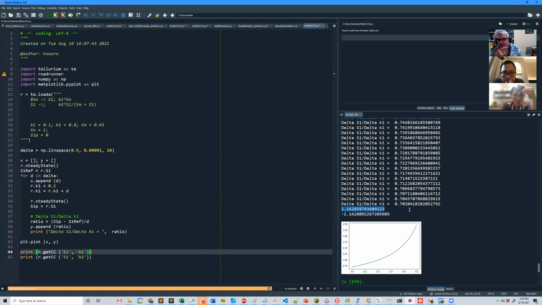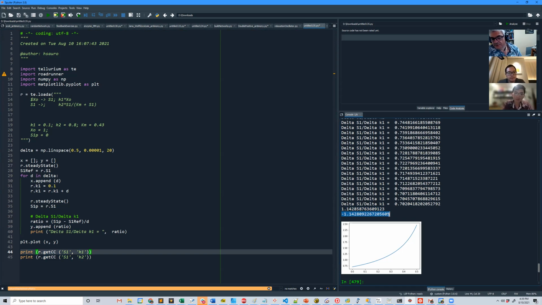What this means to a biologist is, if I were to raise K1 by 1%, I would get a 1.14% increase in S1. If I were to raise K2 by 1%, I would get a minus 1.1428% decrease in S1.